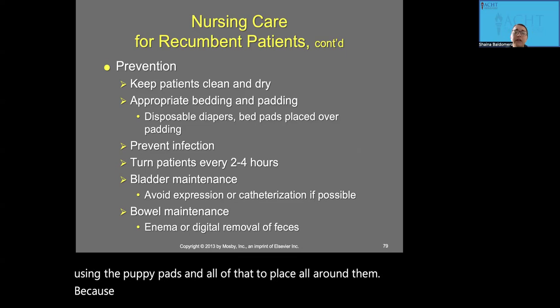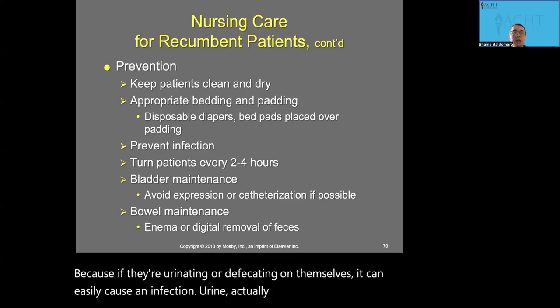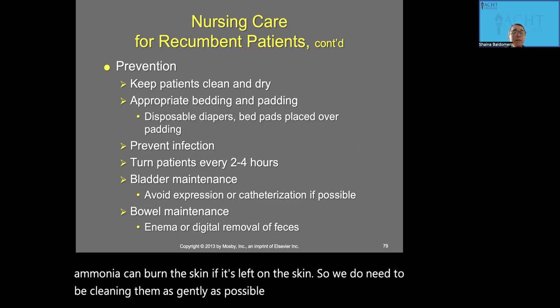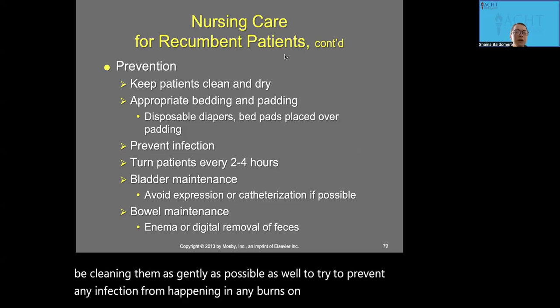Because if they're urinating or defecating on themselves, it can easily cause an infection. Urine actually contains ammonia, and ammonia can burn the skin if it's left on the skin. So we do need to be cleaning them as gently as possible as well to try to prevent any infection from happening and any burns on the skin as well.